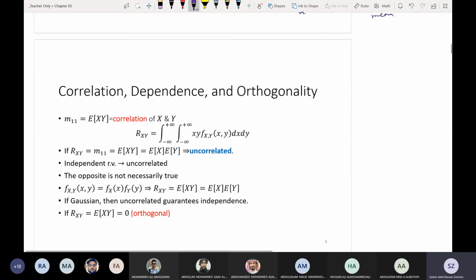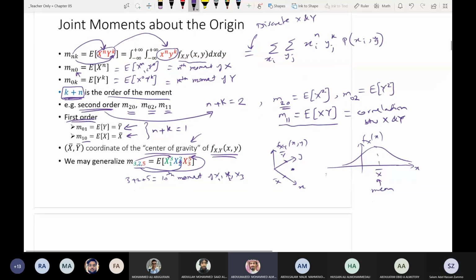Now let's talk about a very specific joint moment. x1, x2, x3 are three random variables, any three random variables.